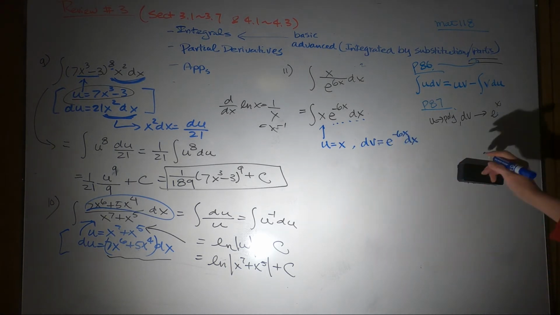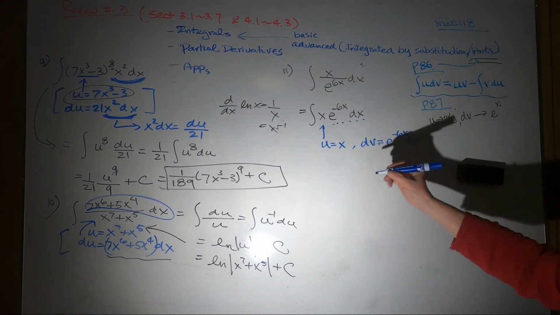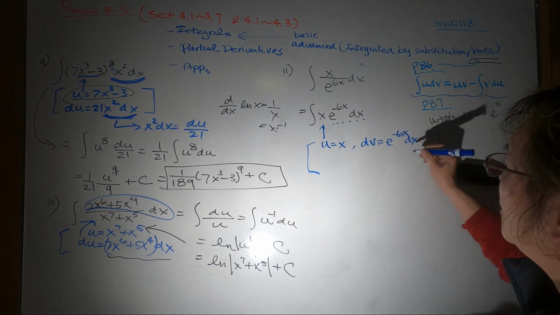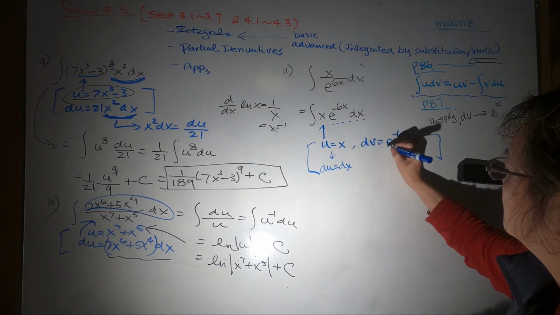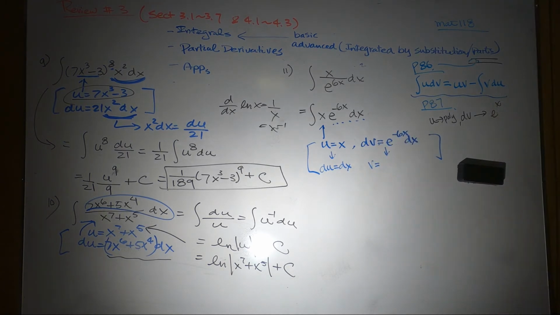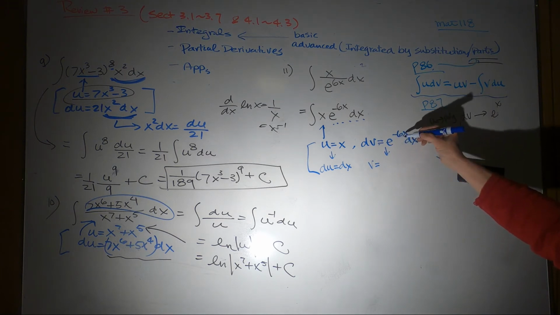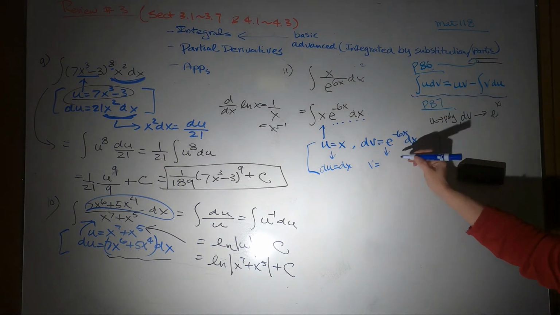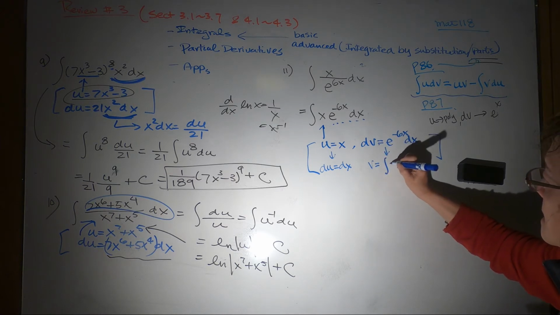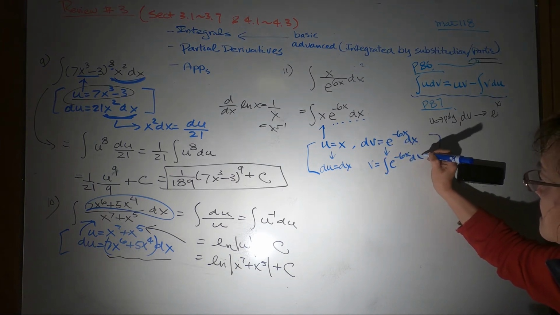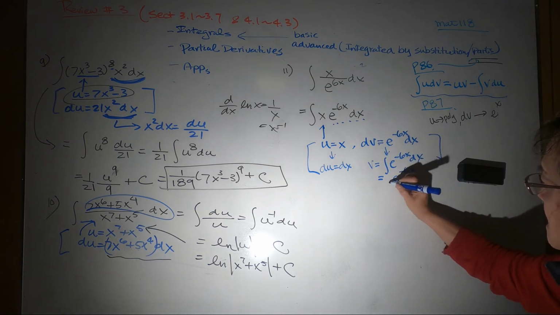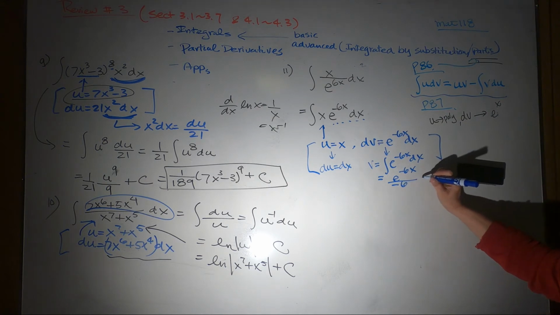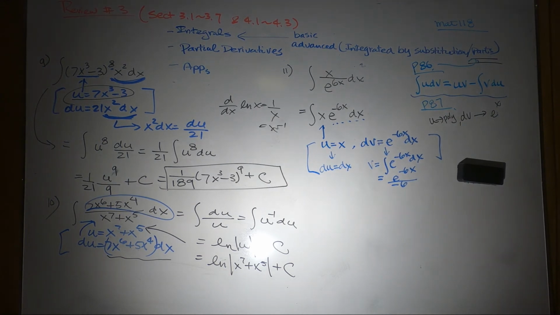So we need to find du, which is dx. From here, we need to find v. Integrating e to the negative 6x, that would be e to the negative 6x divided by negative 6.